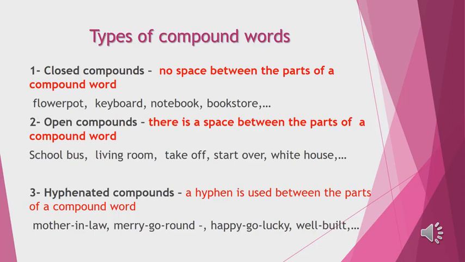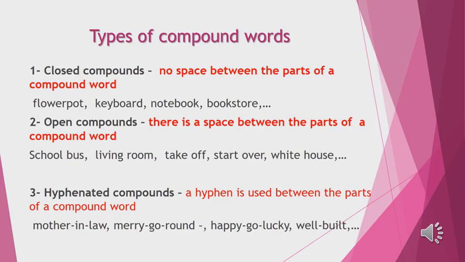Flowerpot. Between flower and pot, there is no space. Keyboard. Between key and board, there is no space. Notebook. Bookstore. There is no space between the two parts of each one of these compound words. That is why they are called closed compounds.